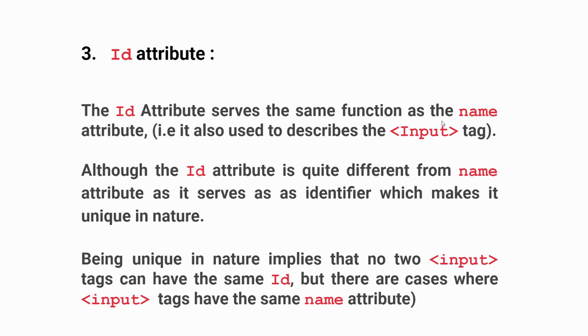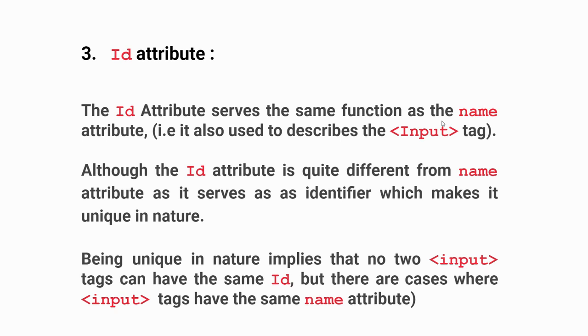The ID attribute serves the same function as the name attribute. It's also used to describe the input tag. So that actually means that most of the time, whenever you've assigned a particular string or number to the name attribute, it's almost going to be the same with the ID attribute.